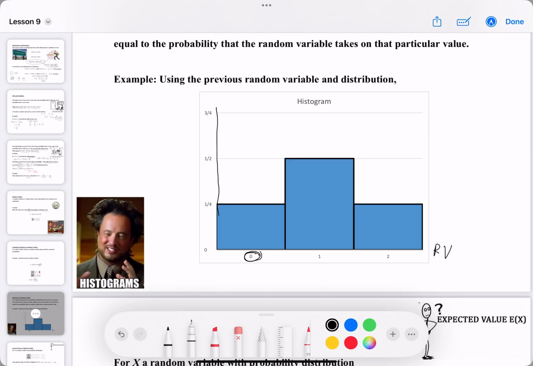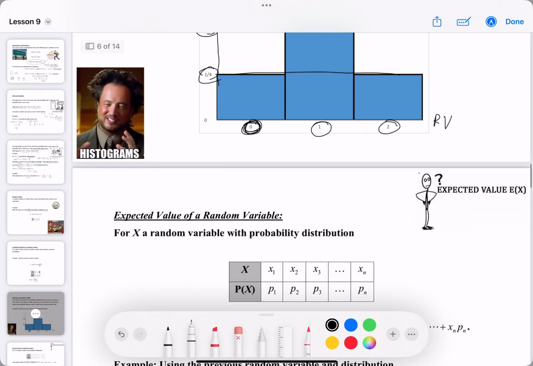So the probability that the random variable is 0 is 1/4. When the random variable is 1, the probability is 1/2. When the random variable is 2, the probability is 1/4.